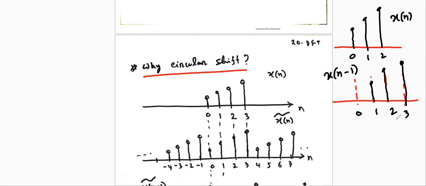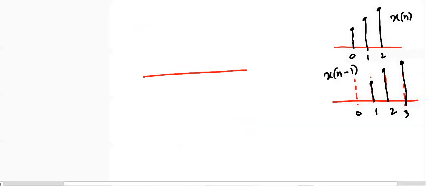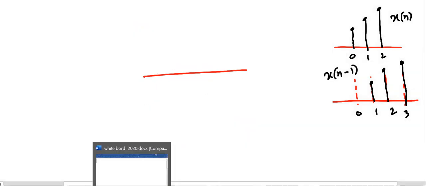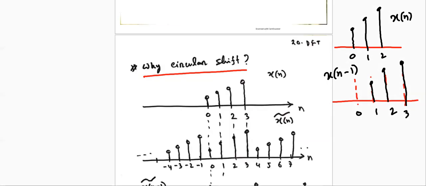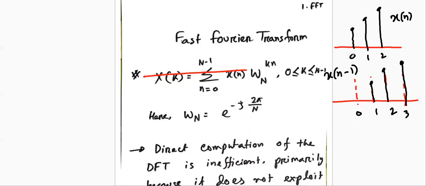Now, according to the definition of the discrete Fourier transform, let's say our range of view is from 0 to 2.